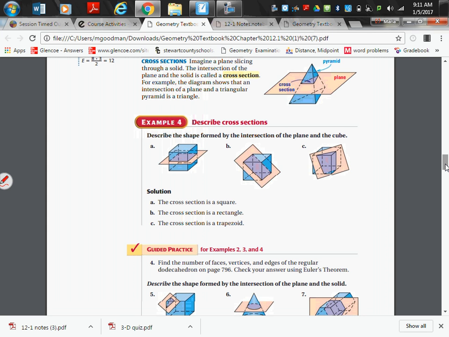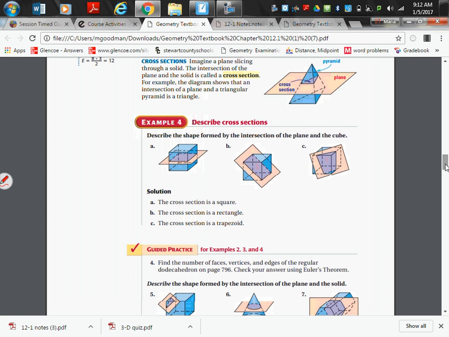Parallel, I agree. So it's crossing it parallel. So look back at your notes. Parallel tells you the cross section is going to be the same as the bases.